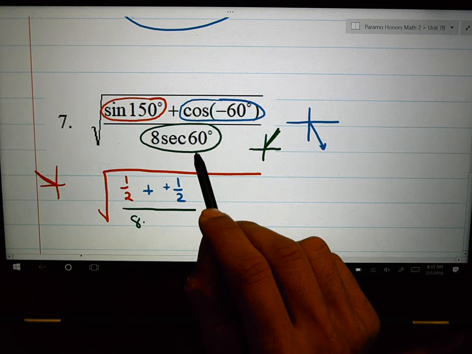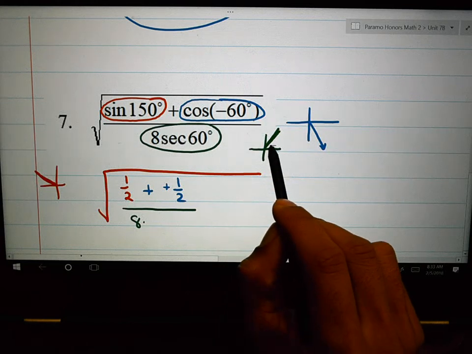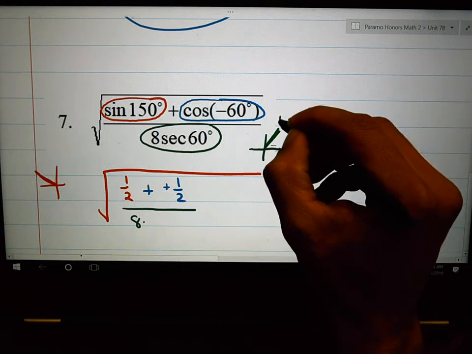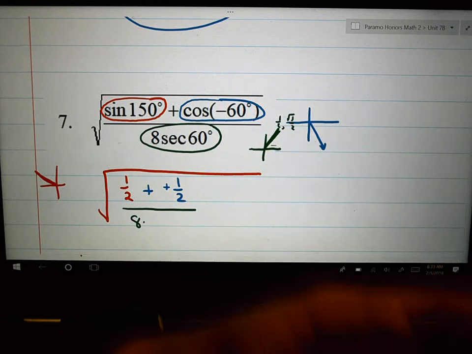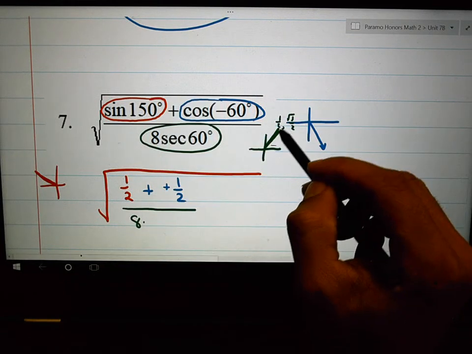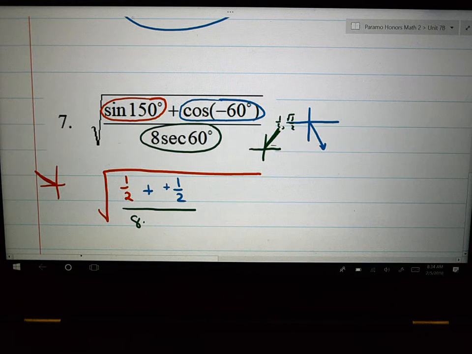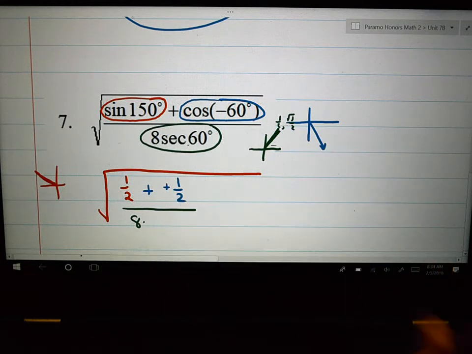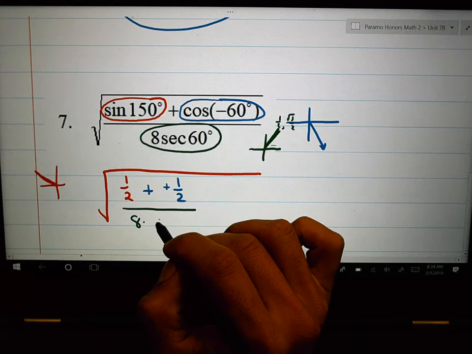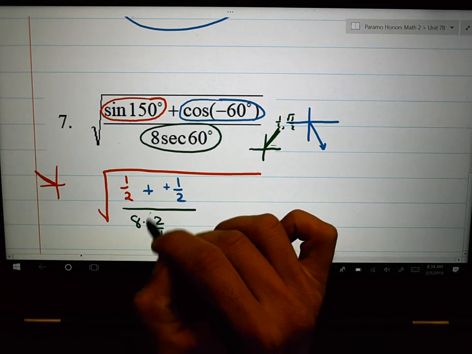So if I know the cosine of 60 degrees is 1 over 2 and the sine is root 3 over 2, the secant is the reciprocal of 1 over 2. Which means, instead of 1 over 2, this is 2 over 1.